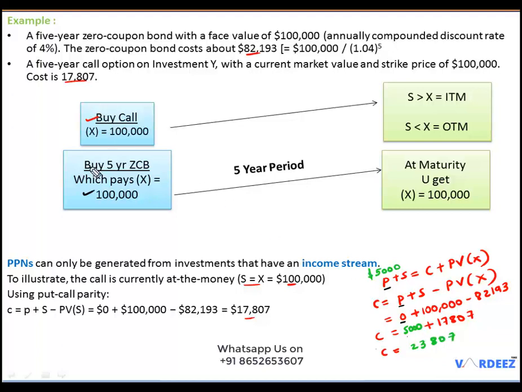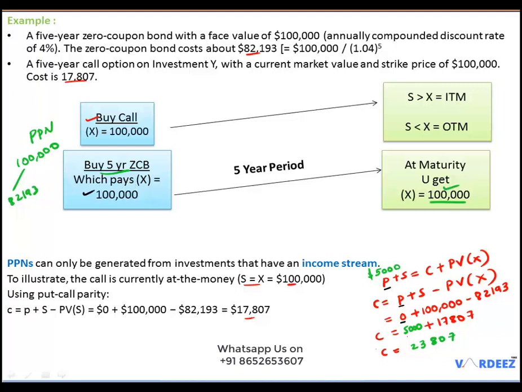It's going to be 23,807. But with this PPN that we have created, out of this $1 lakh or $100,000, I've already paid 82,193 for this 0 coupon bond, because I want to protect my principal for the maturity, right? I want to have this 1 lakh. I can't compromise on this.